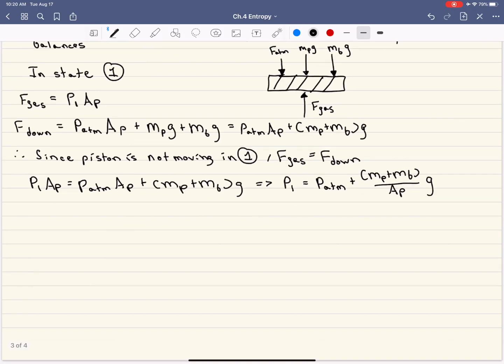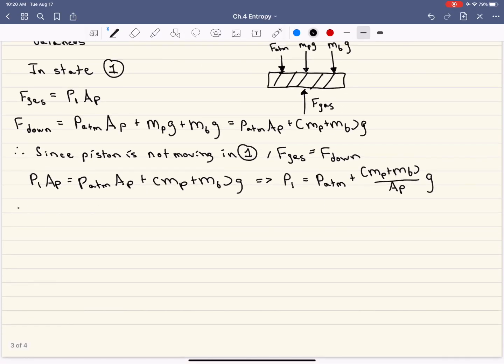In a similar manner, we can also apply this analysis to figure out what the pressure of the gas is going to be in state 2. If we draw our free body diagram again, in state 2, we also have a force of the gas acting in the upward direction. But in the downward direction, we're going to have fewer forces acting than what we had in state 1.